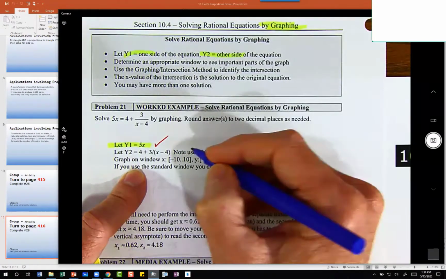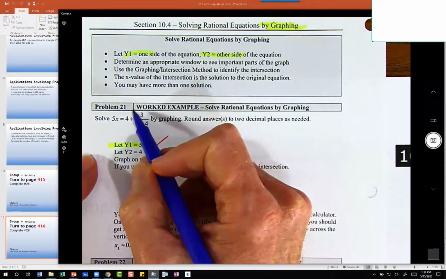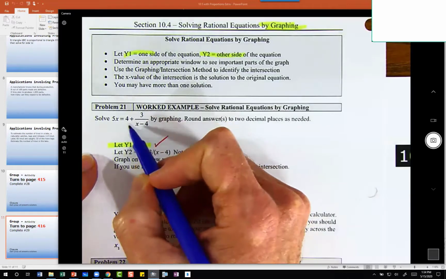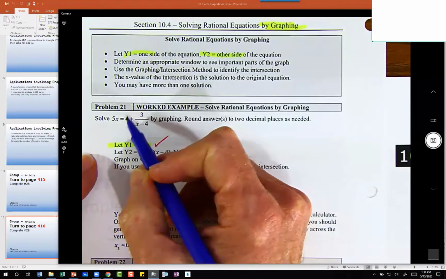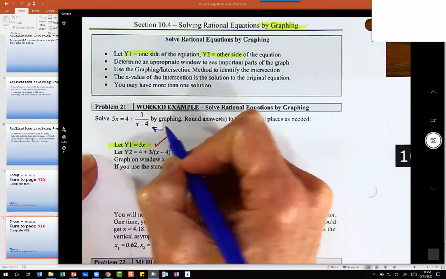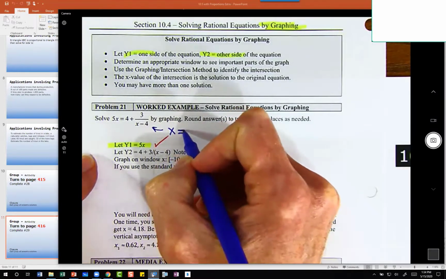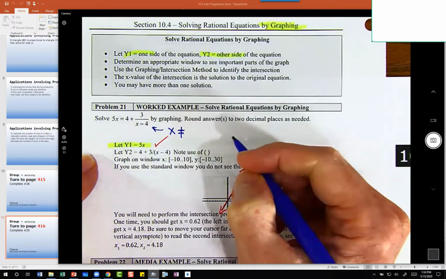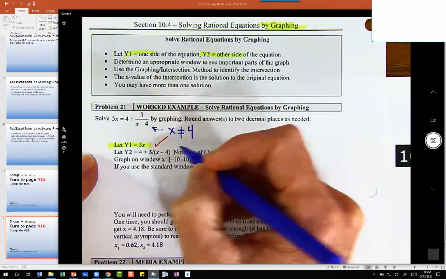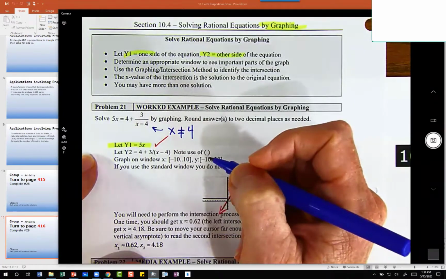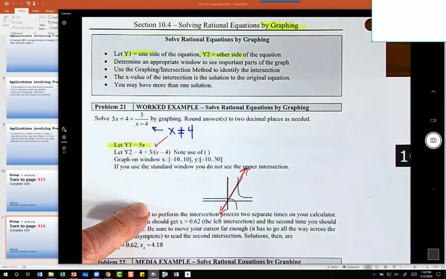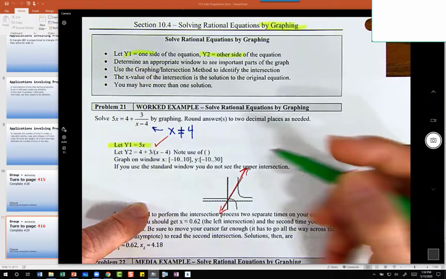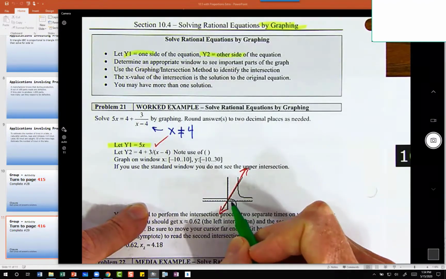And what is the domain of the right side here? What is the bad x? Four. Right. So at 4, the graph is broken. And actually that shows up here, it's broken right here. 1, 2, 3, 4.